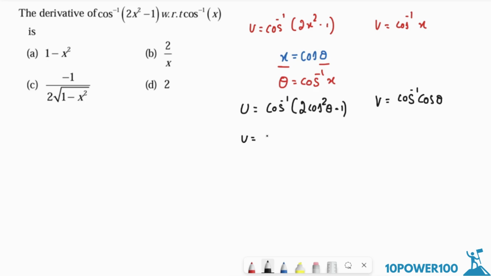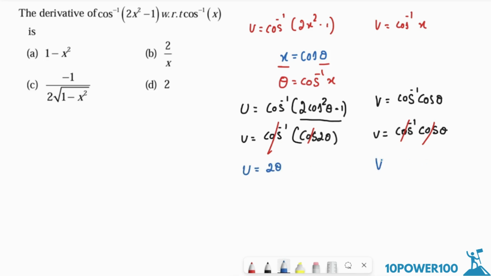U is equal to cos inverse of, if you observe this, 2 cos square theta minus 1 is nothing but cos 2 theta, and v is equal to cos inverse of cos theta. Now, by using the self-adjusting property, cos inverse and cos cancel out, and here cos inverse and cos cancel out. So what is remaining? u is equal to 2 theta, and v is equal to theta.